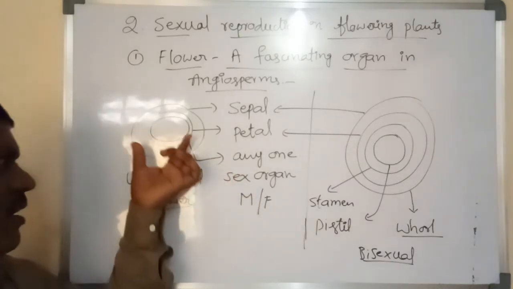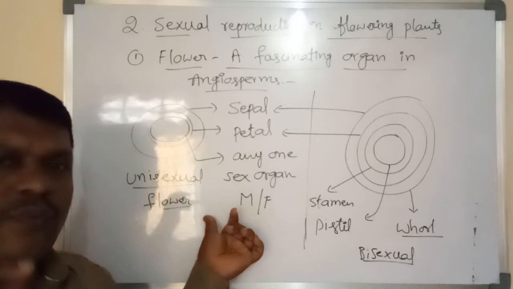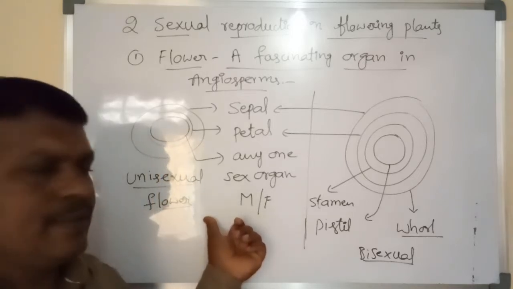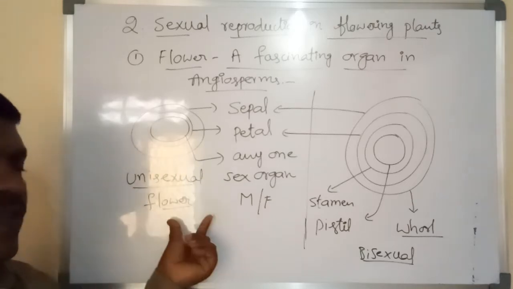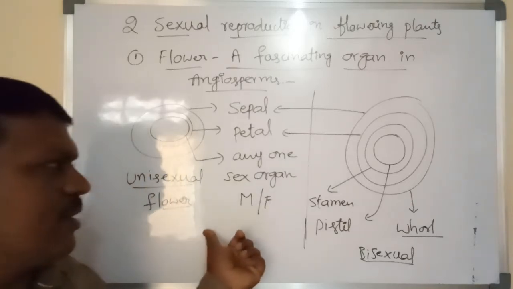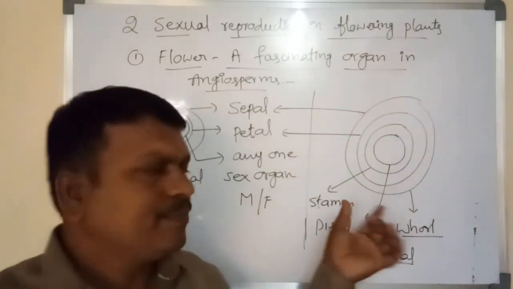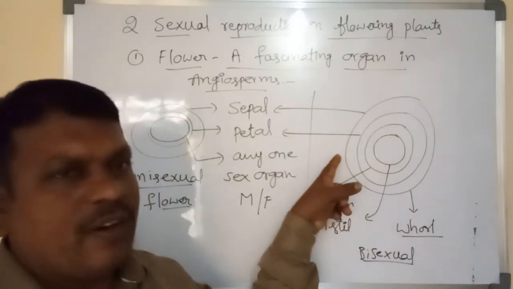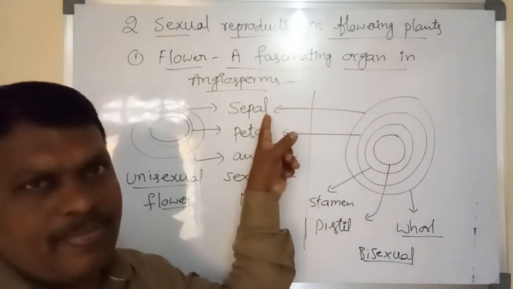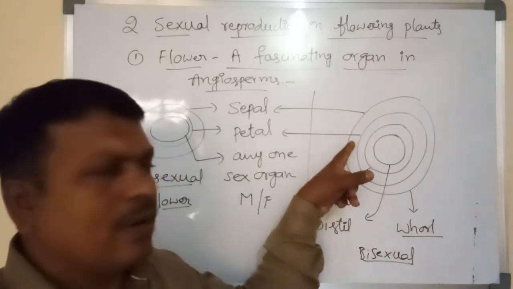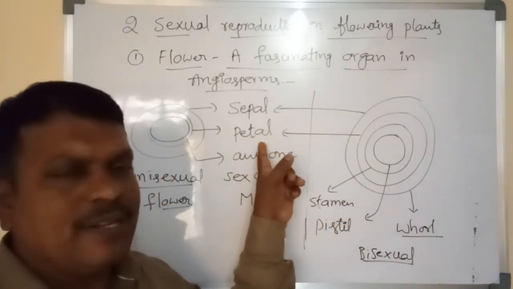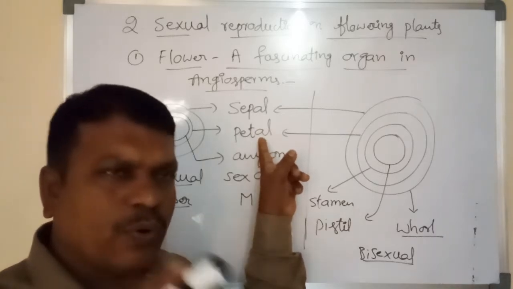So, a unisexual flower contains only one of the sex organs, either male or female. Hence, it is known as a unisexual flower or incomplete flower. Next, bisexual flower. The outermost whorl of the flower possesses sepals. A group of sepals is called calyx. The second whorl possesses petals. A group of petals is called corolla.